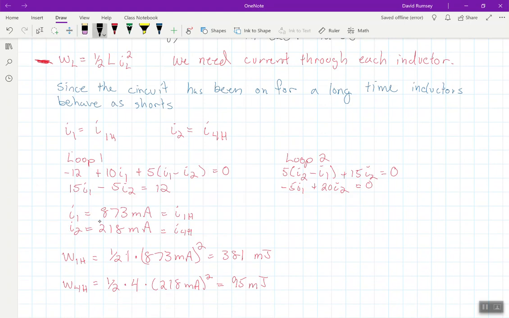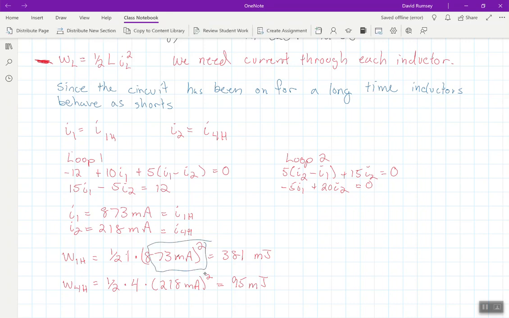In fact, the current going through I1 is roughly 4 times bigger. Well, if it's roughly 4 times bigger, that means I'm going to be doing 4 squared, so this number here is going to be roughly 16 times bigger than this number here.